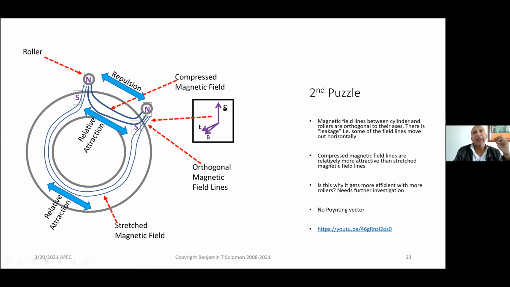At least that's what I think. So the question is, do these changes in field strength cause more rollers to become more effective as a force generator than fewer rollers? Of course, I'm not the person who can answer that question. It's an interesting question to ask because it informs us more about what's going on.